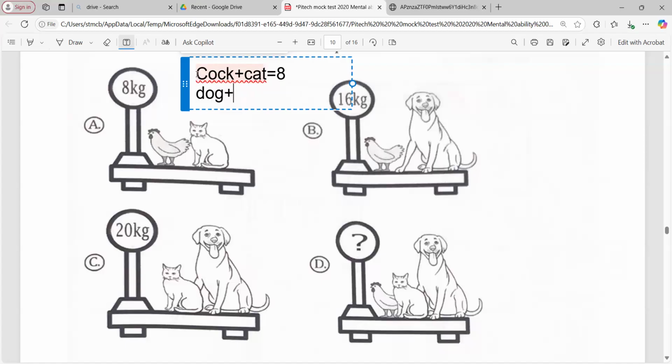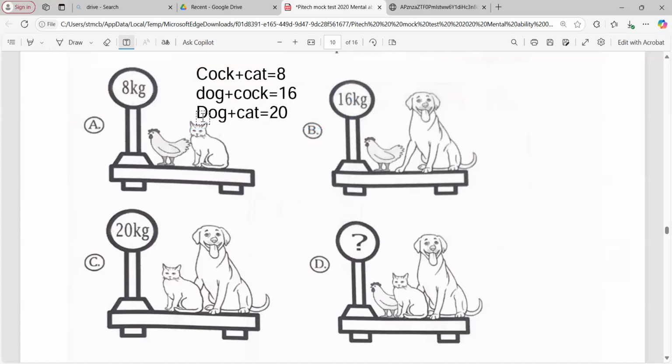The dog plus the cock is equal to 16. And the dog plus the cat is equal to 20.